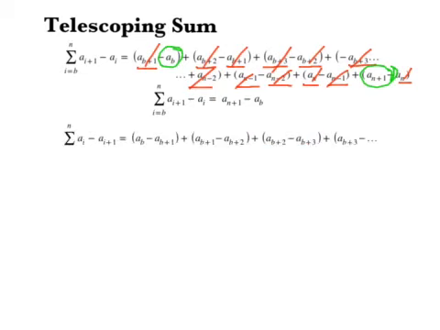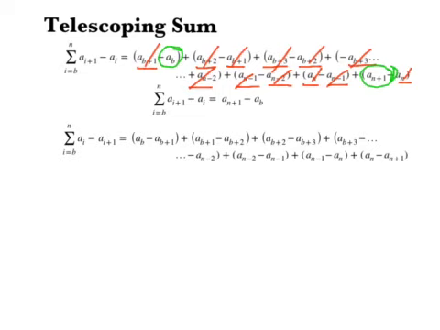Next, I think we should look at the following sum, and recognize that the only difference between this and the previous one is that the terms are flipped. One way of accomplishing this is just multiplying by negative 1. So if we multiply both sides of this equation by negative 1, we expect that this summation would be equal to a sub b minus a sub n plus 1.